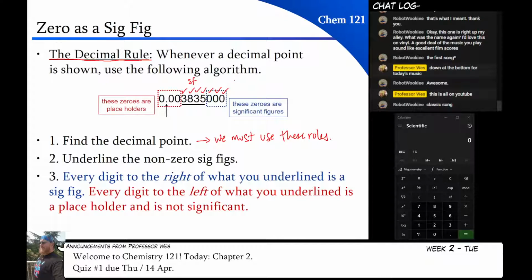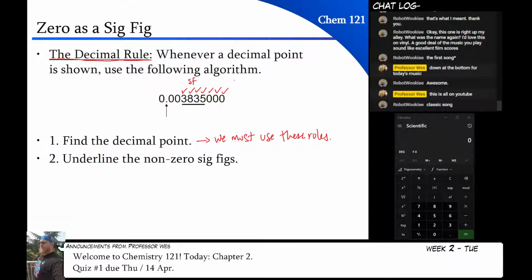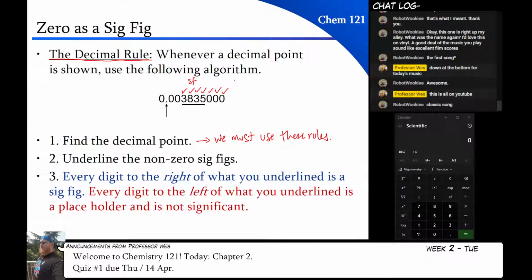Now, how does this work? Why are those zeros known all of a sudden? Well, first of all, let me clear all this stuff off the screen real quick. I'm going to erase these, and then I'm going to pull out my highlighter. Remember that we said that if you obliterate zeros and they change the magnitude of your number, they're placeholders.